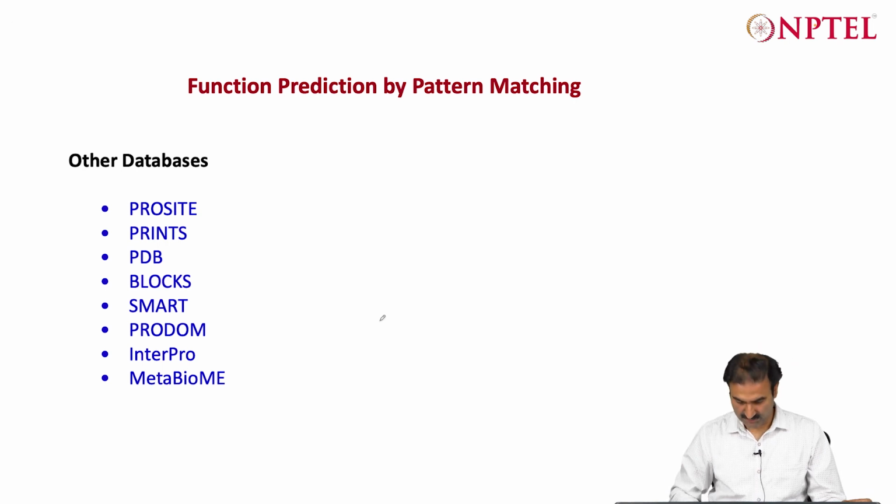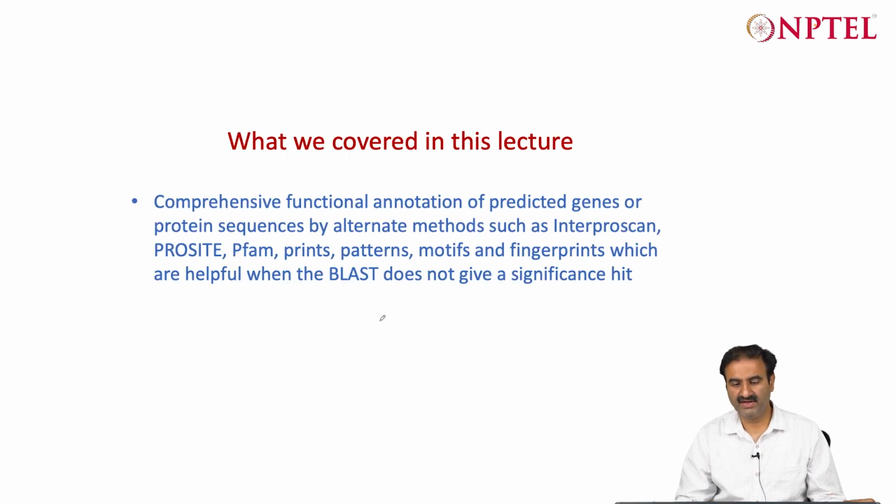In this lecture we learned about the methods of protein annotation in addition to BLAST and eggNOGs, which we did in the last class. These will help you comprehensively assign function to a single protein or large data sets, which you derive from genomic or metagenomic analysis, either proteins or ORFs.